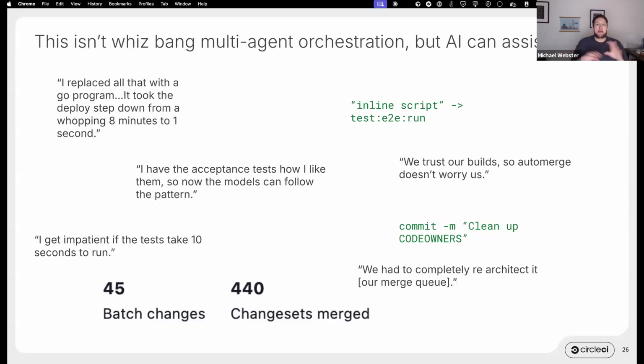Most of these cases are fantastic to be assisted with AI, but you really do need to invest in these fundamental factors, right? If you can cut these things down, then you're immediately going to see benefits to your productivity, to your delivery throughput, to your velocity, or whatever metric you use, DX Core 4, DORA. Those things will immediately accrue, even if you're not necessarily using the latest and greatest agent tools.